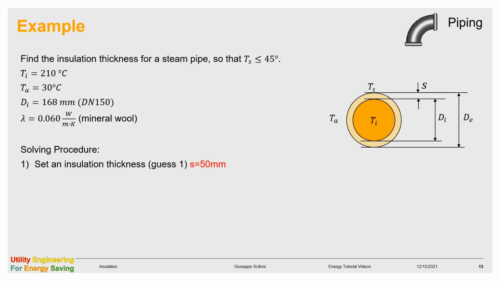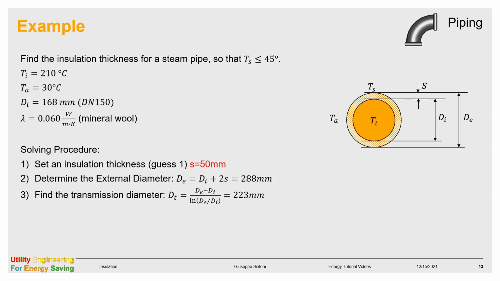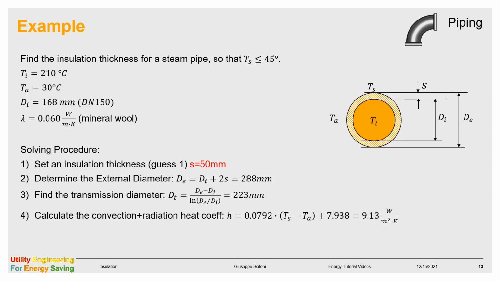Let's start from a guess insulation thickness of 50 mm and we determine the external diameter with the formula that we have seen. Then we find also the transmission diameter by means of the found external one, and we calculate the convection heat coefficient small h, since the temperature of the surface is known and also the temperature of the ambient.